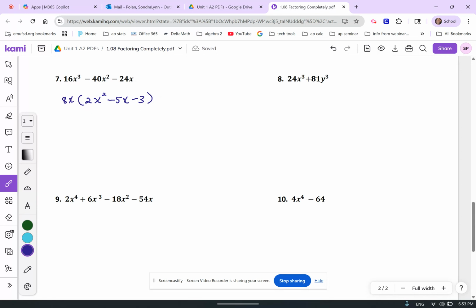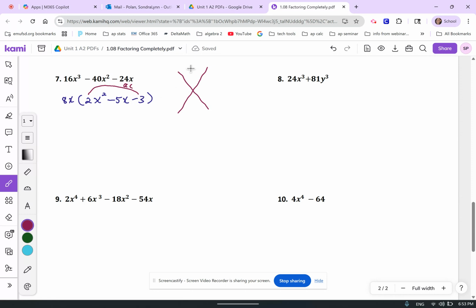Then we look to see if we can factor further, and we have a trinomial here with the leading coefficient greater than 1. In class, I had done trial and error, but you could have also done split the middle. Let me show you split the middle. Instead of finding two terms that multiply out to negative 3, you multiply the first and the last together.